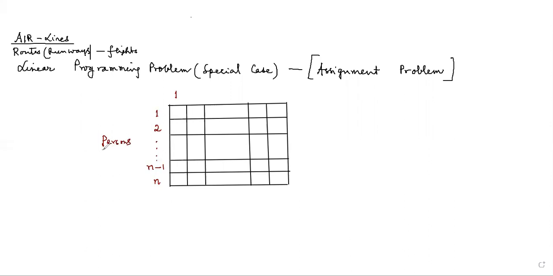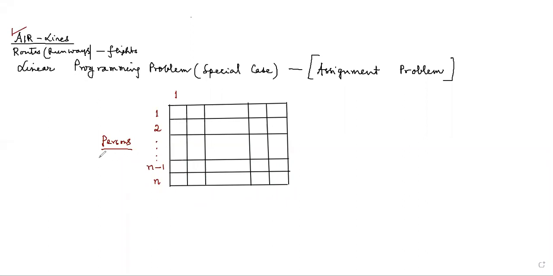But as I told you, two types of entities are present, one is route and another is flight in this example. So none of these is a person, and writing person over here is actually specializing the situation.